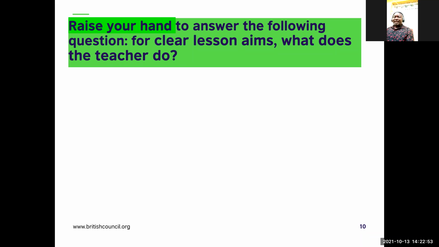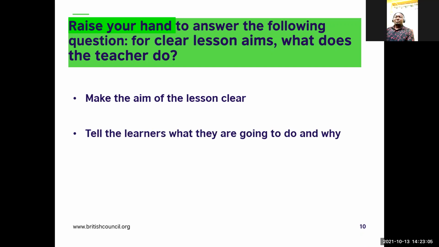You need to tell them what they are going to do in that lesson and why they will do that. And more importantly, you also make expectations clear to your learners, so they know what they are required to do and what the expectations for the lesson are.